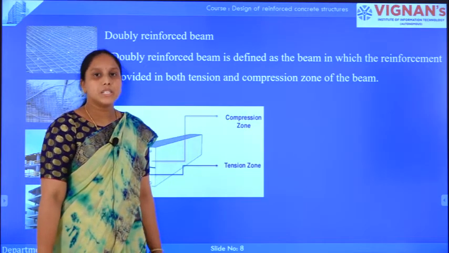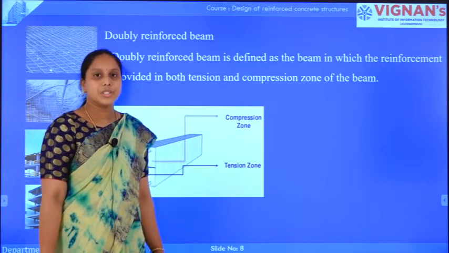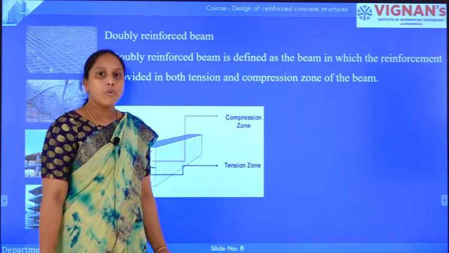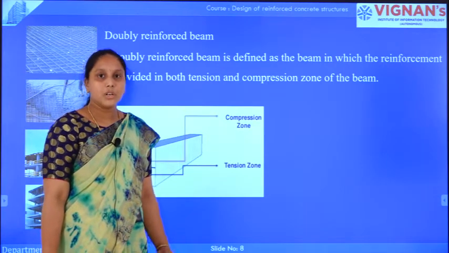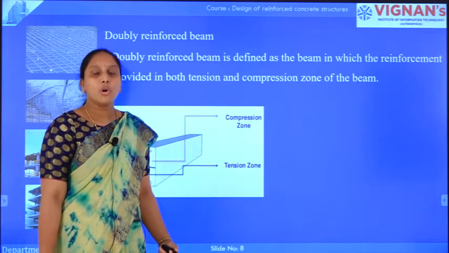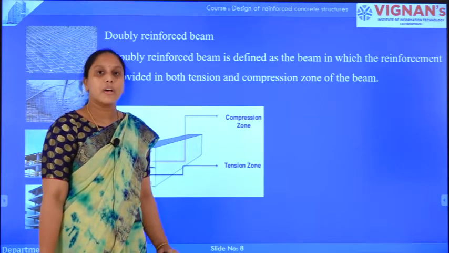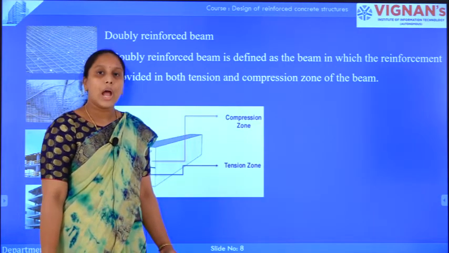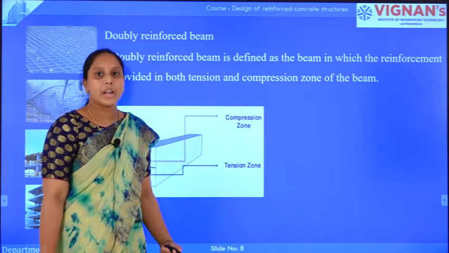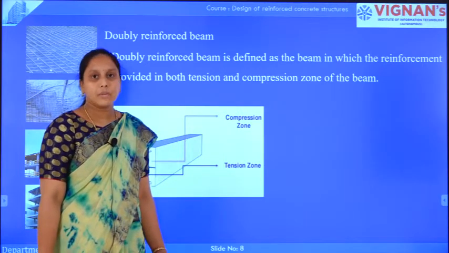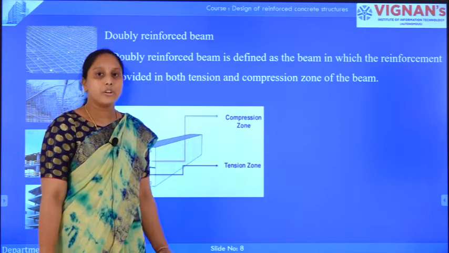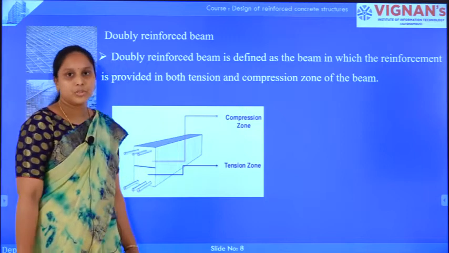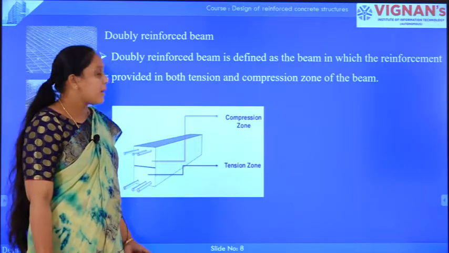If that beam has to carry more moment, then you have to increase the depth of the beam. If you do not want to increase the depth, that is, if you have restricted the depth of the beam, then you have to provide some additional reinforcement so that the moments can be resisted. In such cases, the additional reinforcement is provided in the compression zone. So, that is a doubly reinforced beam.